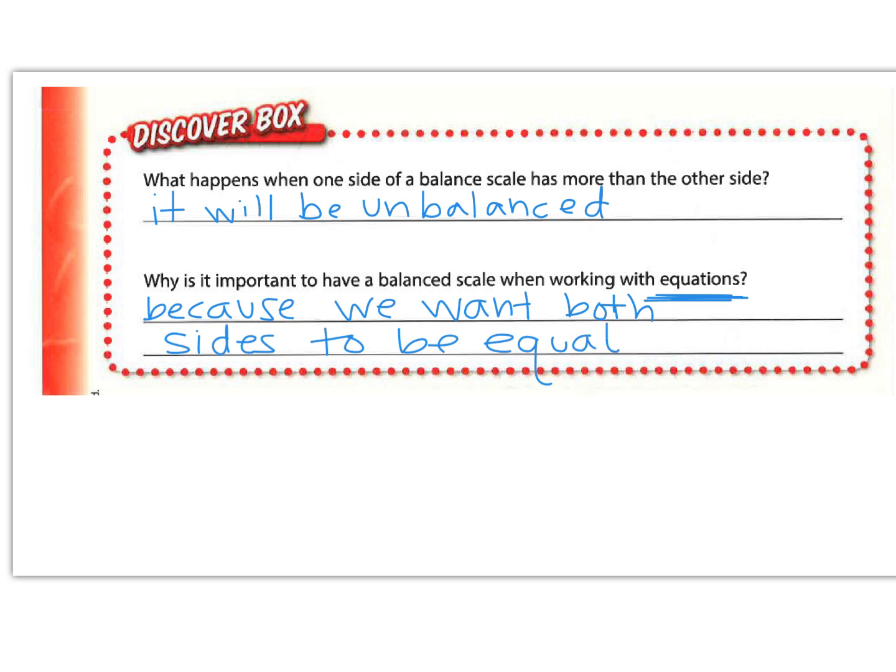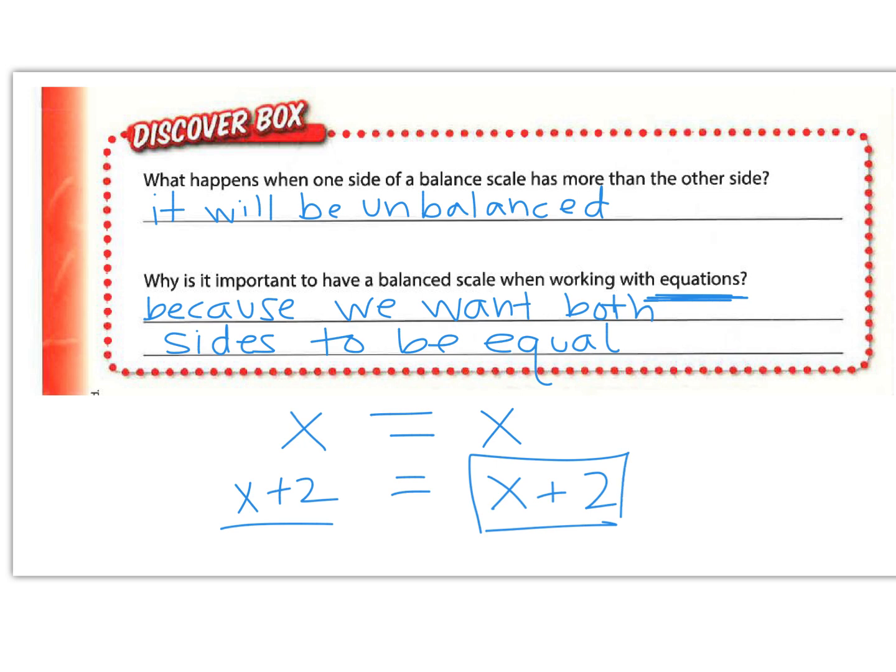An equation means it has an equal sign in there. So this side, if it was x, this side would also have to be x. If it was x plus 2, this side would also have to be x plus 2. We want them to be equal on both sides of the equation. So we have to look at the equation and then we want both sides to be equal.